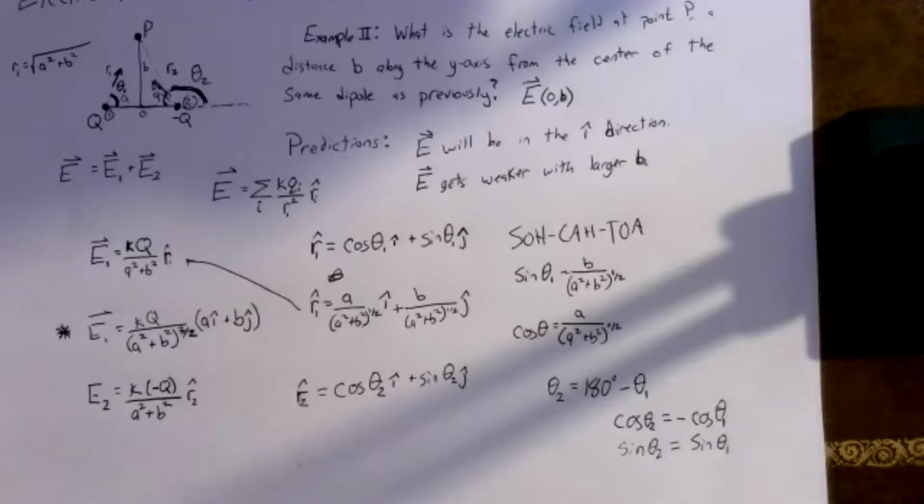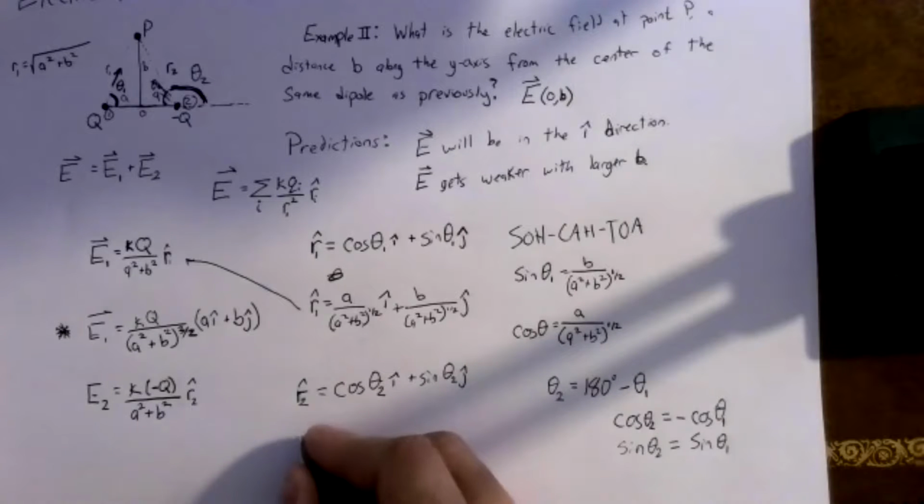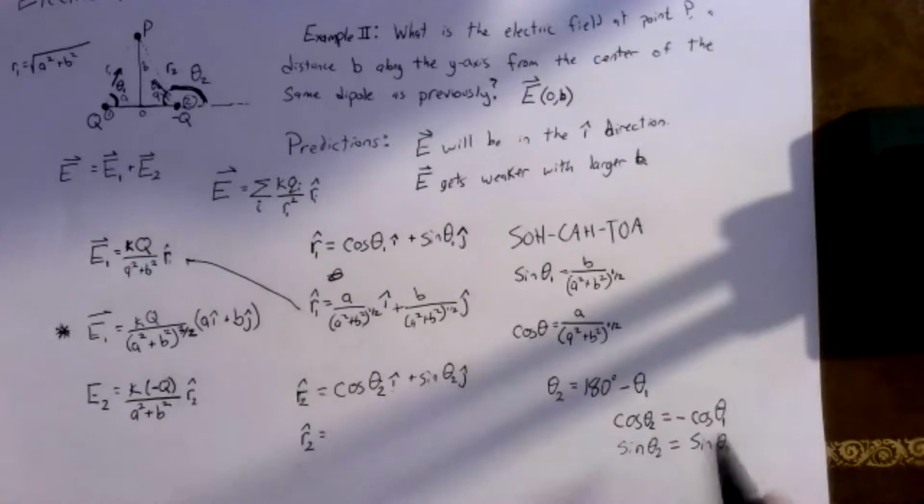Okay, so that means we can pretty quickly get this, because we already found the sine and the cosine of theta 1. So we can plug right in for R2: cosine of theta 2 times I hat.